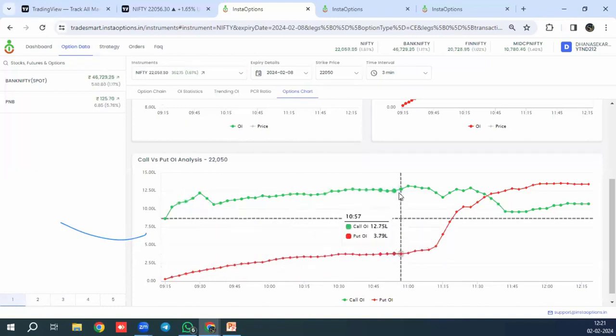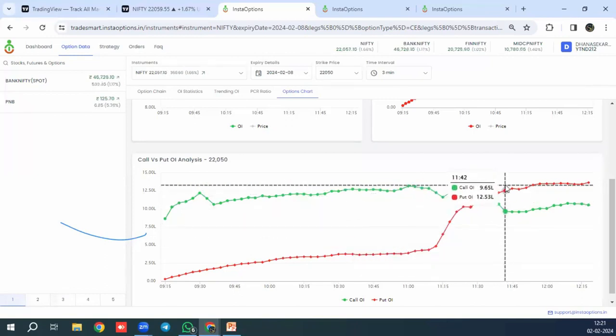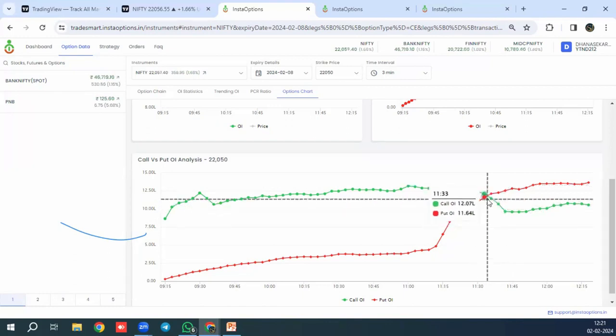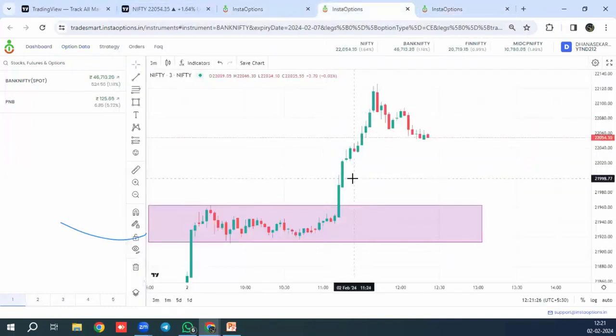So when these two are crossing over, that is when we need to enter a trade if you are using only ATM analysis. Okay. So when there is a crossover, we can see here it is around 11:36, right? We can see in the chart as well, 11:36.